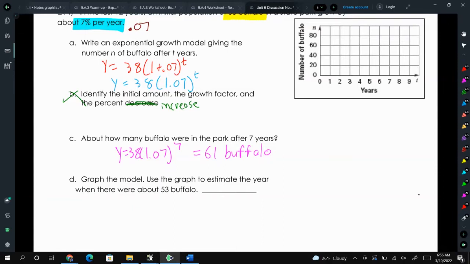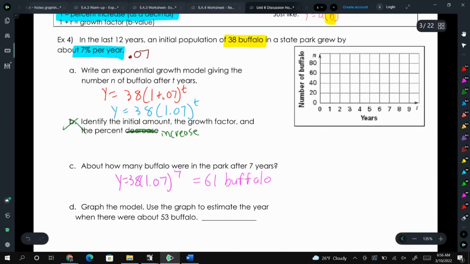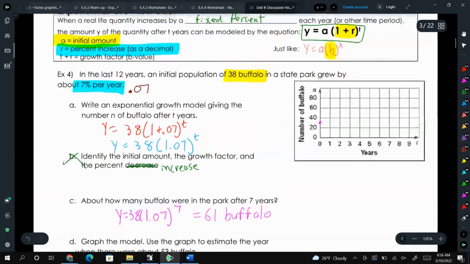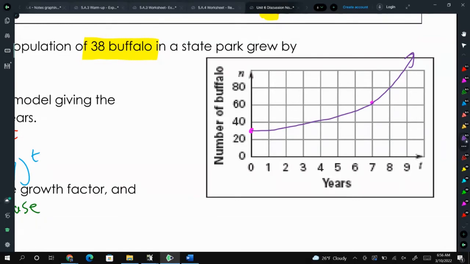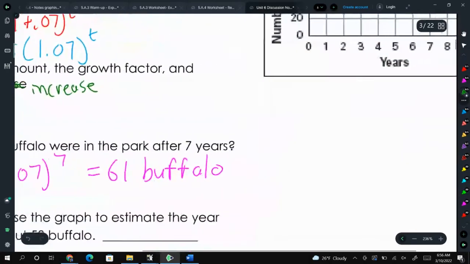You graph the model and use a graph to estimate the year where there were about 53 buffalo. So we know one point is 0, 38, because that's our initial value. And we know that we have 61 buffalo after 7 years. So our graph would look like this. And the question is saying, what year will we have 53 buffalo?